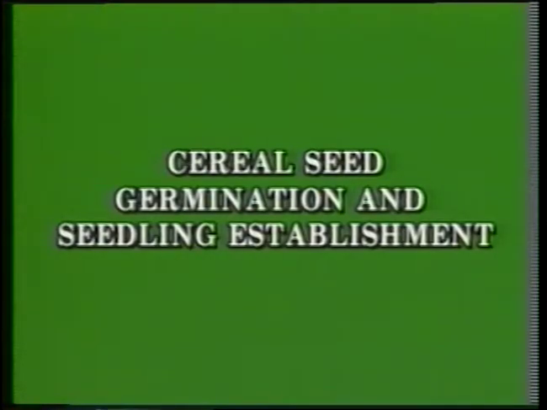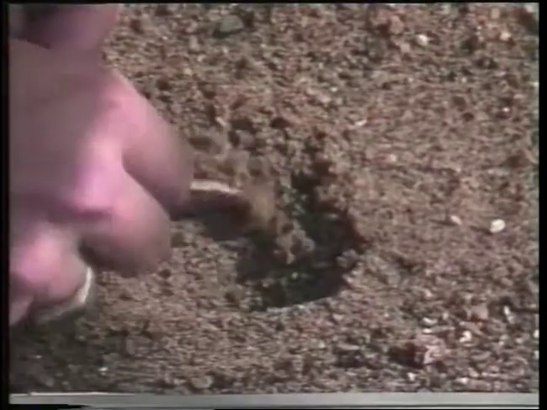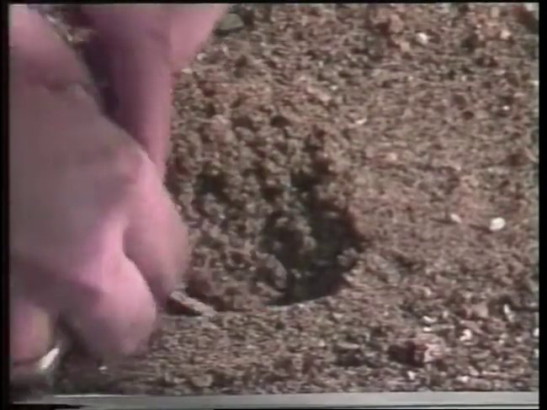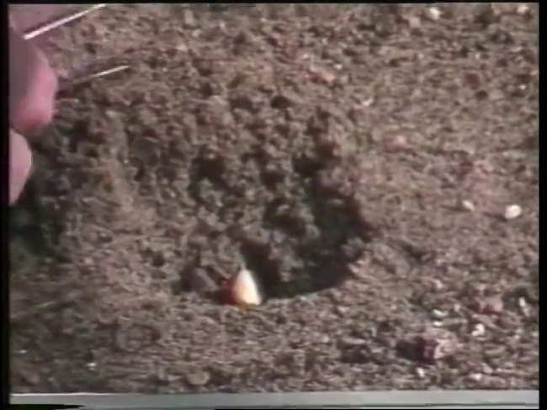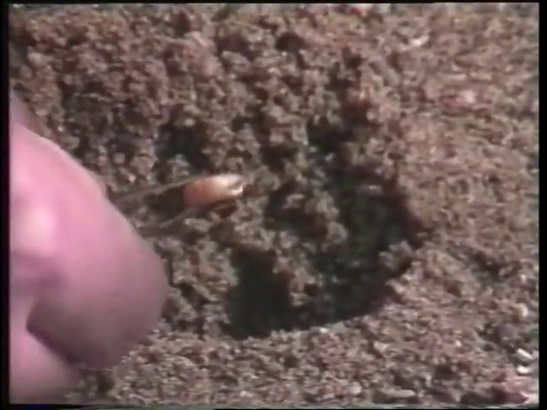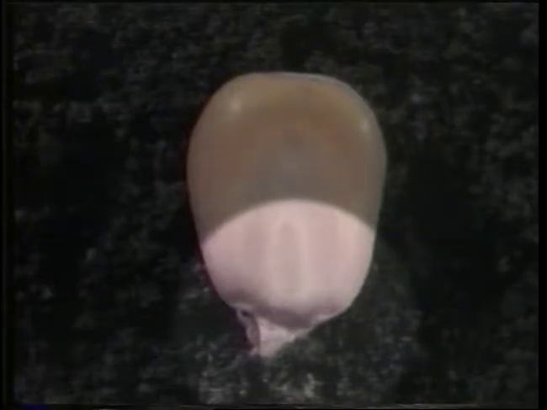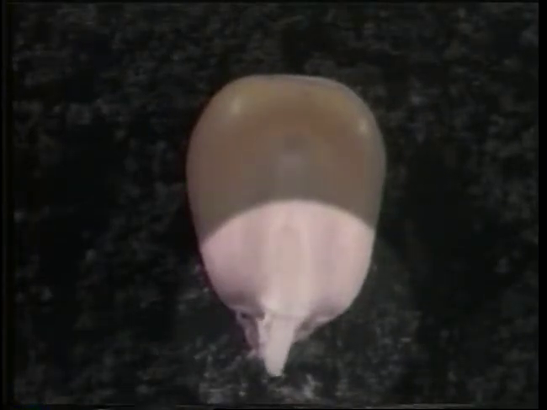Let's look at the sequence of steps in germination and emergence of corn. Within the first 2 days after planting, the pericarp imbibes water, becoming soft and elastic. The coleorhiza elongates slightly and emerges from the pericarp.